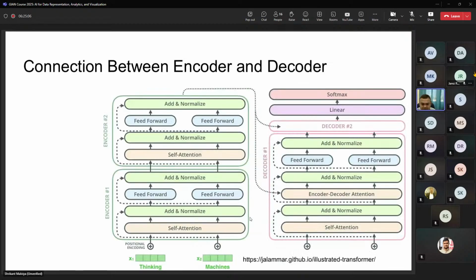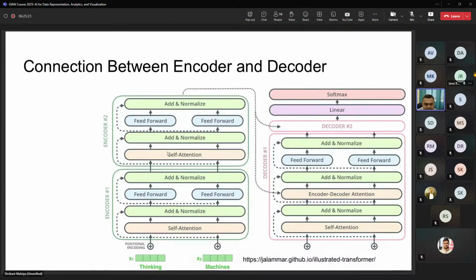Okay, so the same thing we already saw for the input: it applies self-attention, then residual addition, normalization, feed forward, and then again residual addition and normalization.